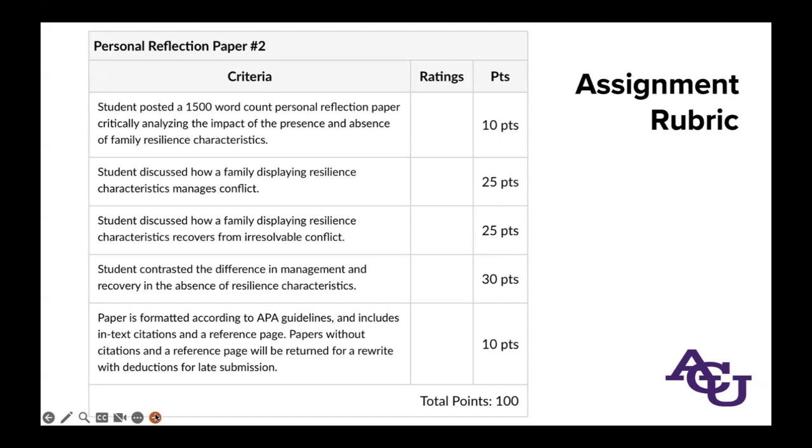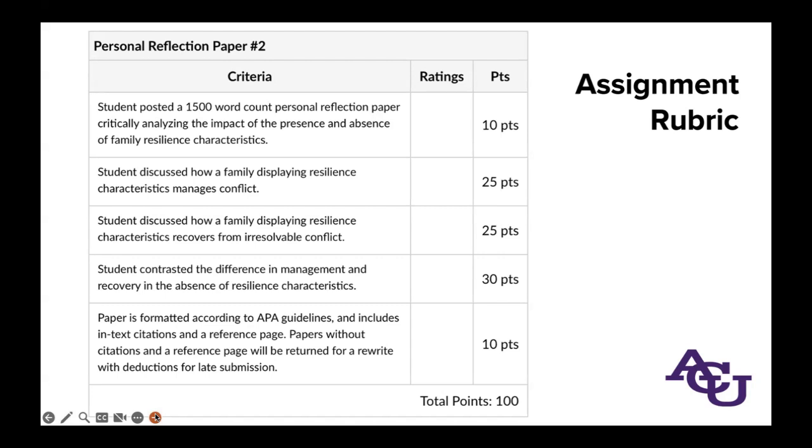Student discussed how a family displaying resilience characteristics manages conflict. That's high, that's 25 points. Student discussed how a family displaying resilience characteristics recovers from irresolvable conflict. High, 25 points.